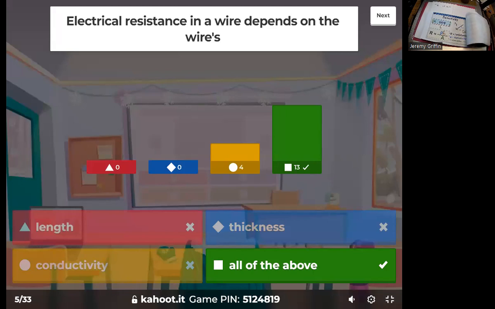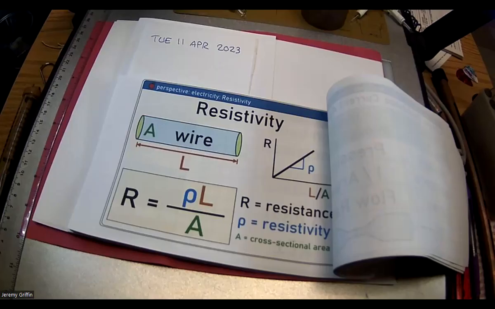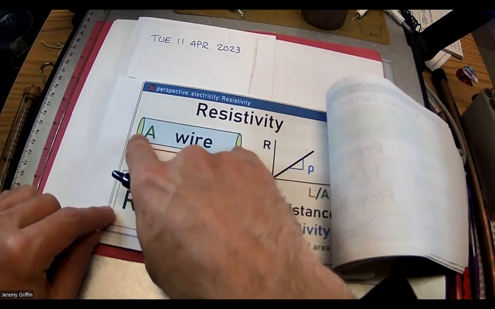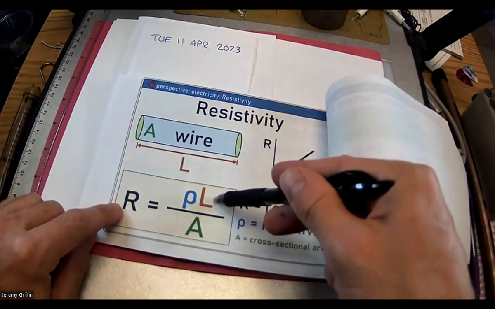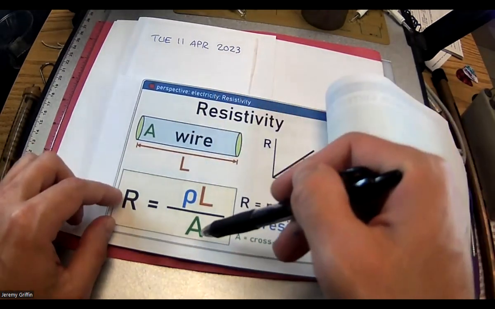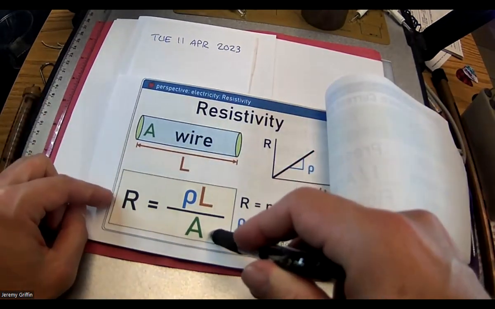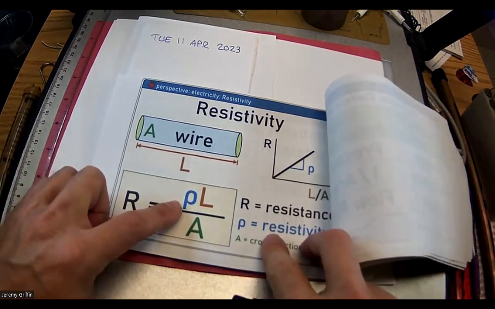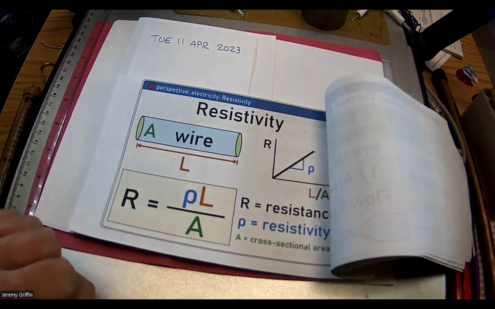Real fast, I'm going to flip my screen just to remind you guys, in case you forgot. You guys want to do that Play-Doh lab? You're trying to figure out the resistivity of Play-Doh. So the resistance of a wire end to end depends on its length. The longer the wire, the more resistance. Cross-sectional area, I think the answer choice was thickness, but that plays into that idea. I think another answer choice was conductivity, which is just the reciprocal of resistivity. So same idea there.